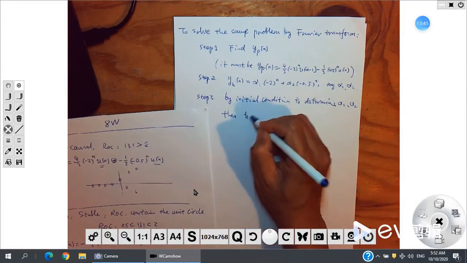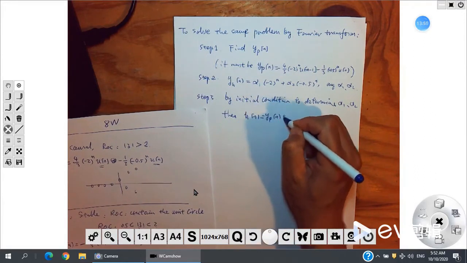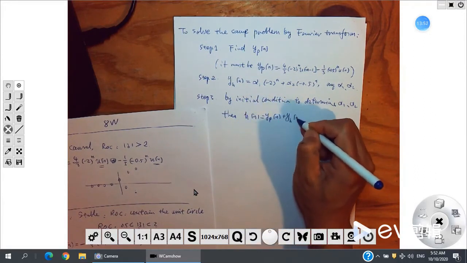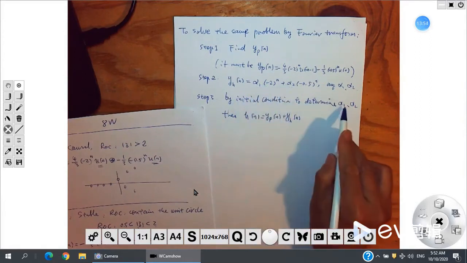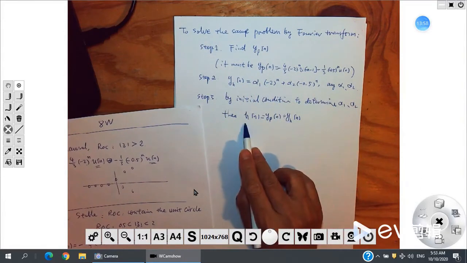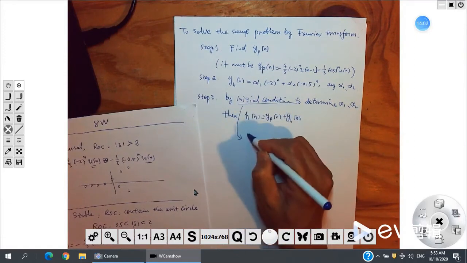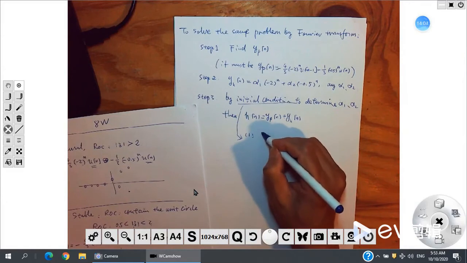this h of n should be yp plus yh. In yh, alpha1, alpha2 now are given values, right? Then you can have the impulse response. And the initial condition, we have 3 cases. For first case, the initial condition is causal, right? Causal.